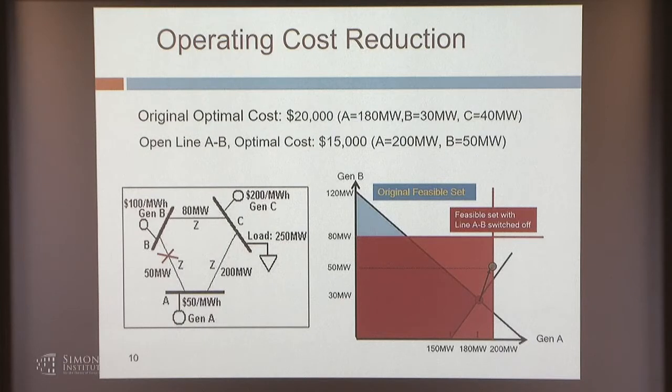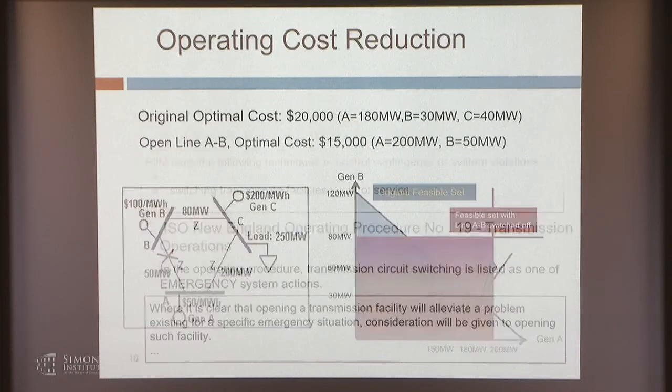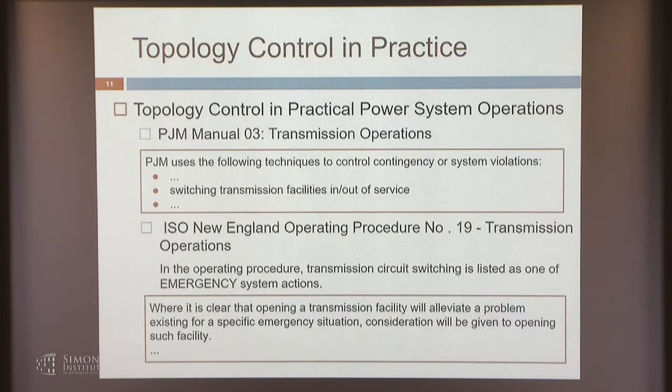That's wasteful. So you disengage the four wheels. That's essentially the same idea. So this is topology control. This is actually done in practice. If you look at the operating manual at PJM, they have a list of lines that can be switched out under different conditions.